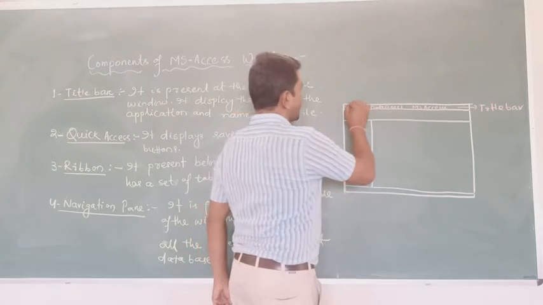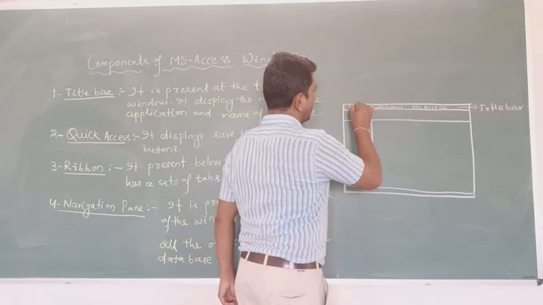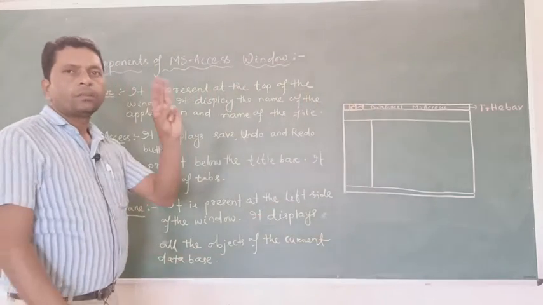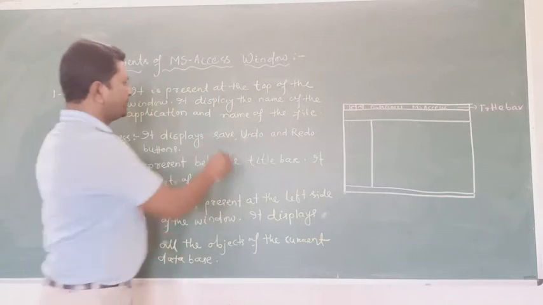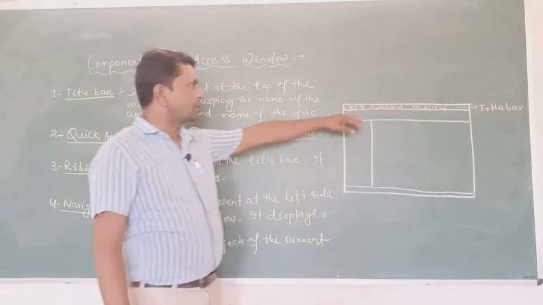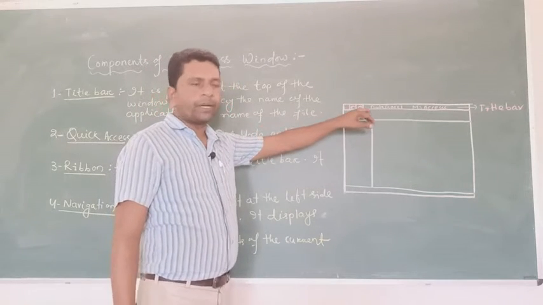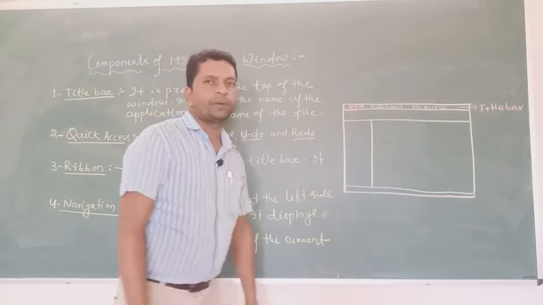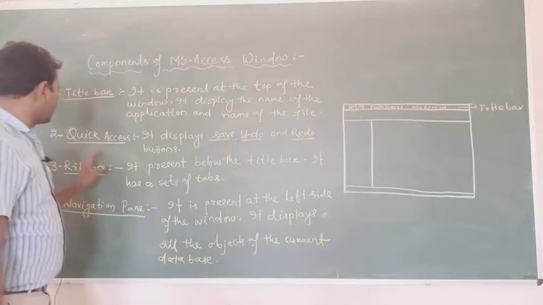Here the save, undo and redo options are there. Three buttons are there: save, undo and redo. You can easily undo, redo and save your document from those buttons.